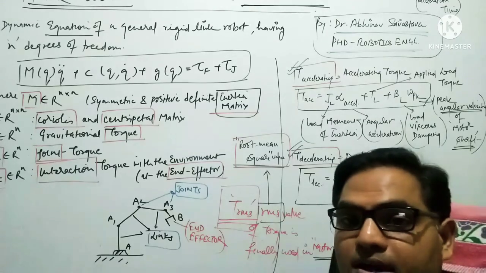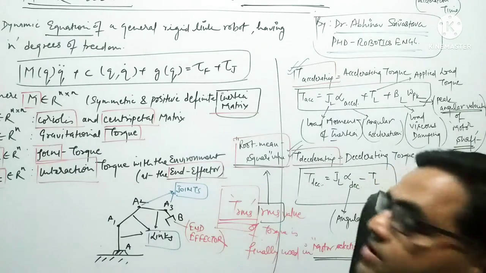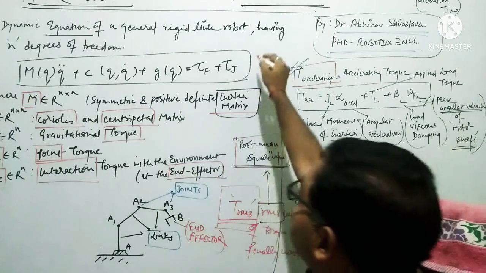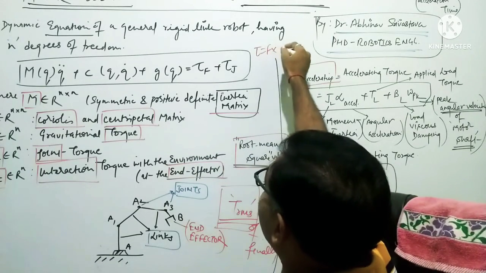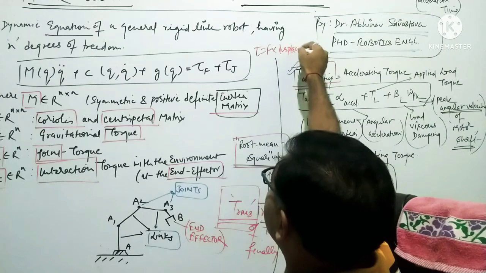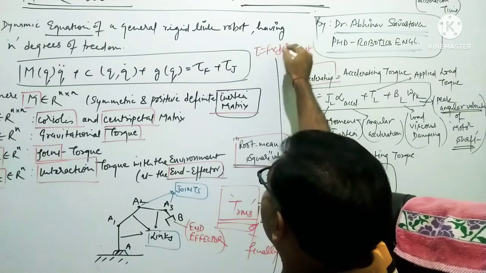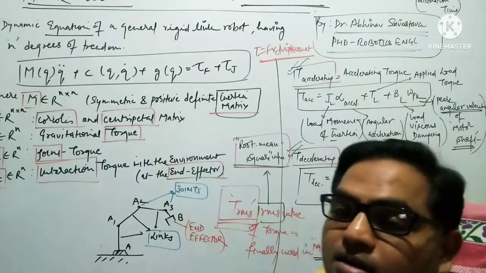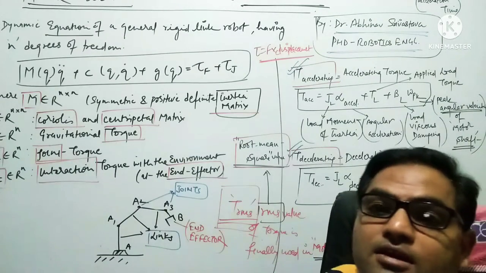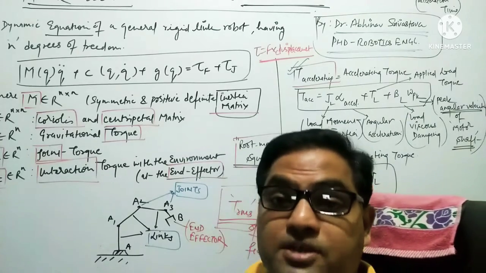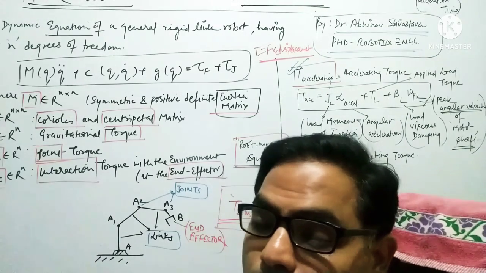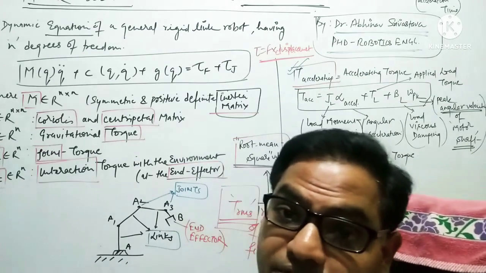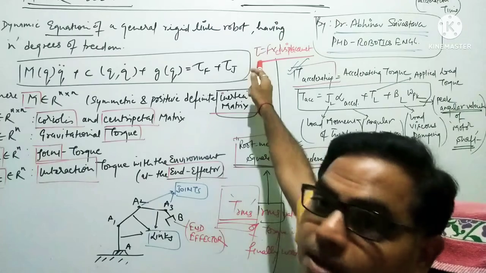Why is the torque important? If we have gone through our basic physics, we have already discussed that torque is equal to force into displacement. In robotics engineering, the torque has a very special significance, because all kinds of characteristics regarding the performance of the end effector depend upon this torque parameter.